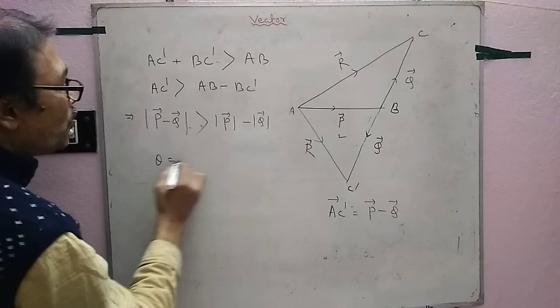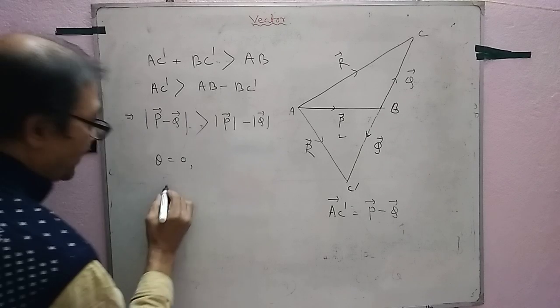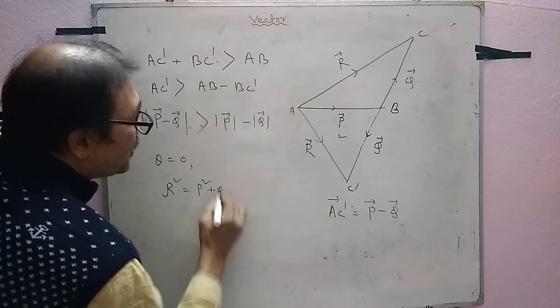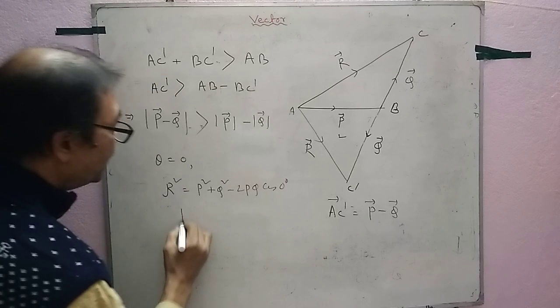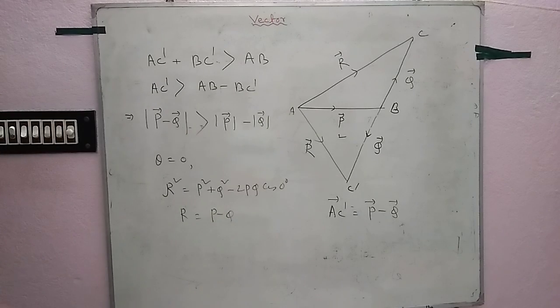When theta equal to 0 degree, that is the angle between two vectors, theta equal to 0 degree, subtraction R square equal to P square plus Q square minus 2PQ cos of 0 degree. That is R equal to P minus Q. Follow?